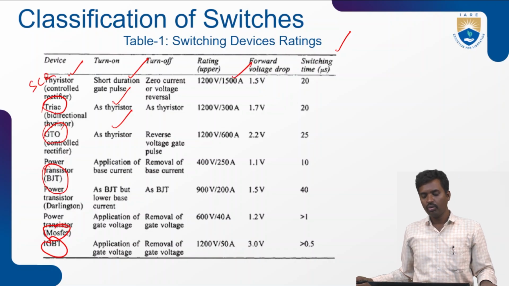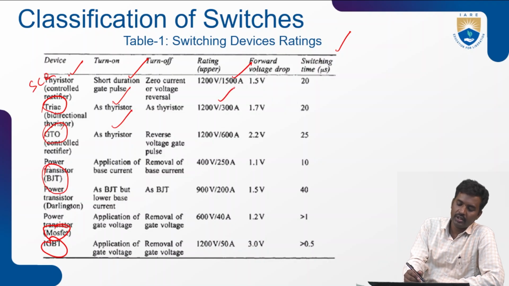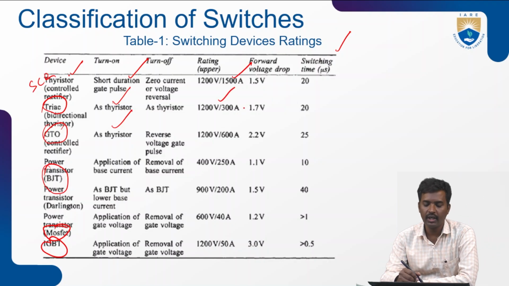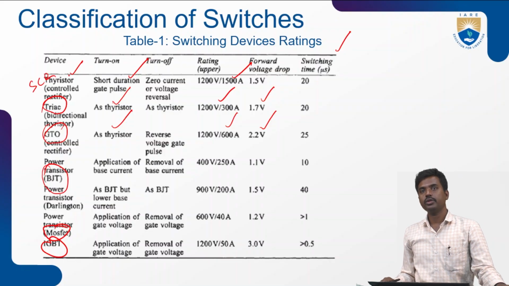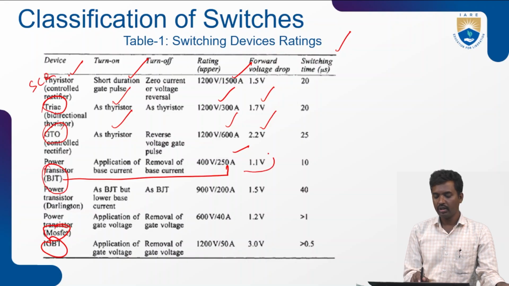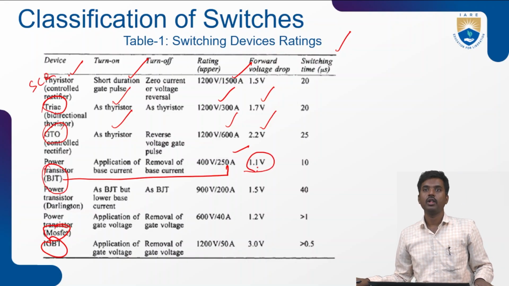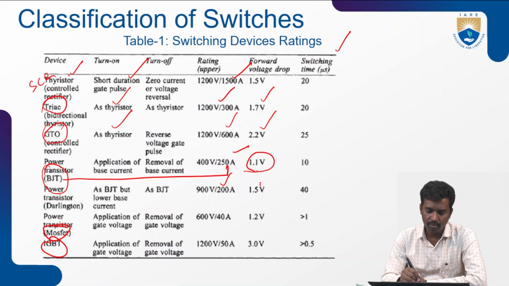So 1200 volts by 1500 amperes, and forward voltage drop is 1.5. So these ratings, and it is also 1200 volts by 300 amperes, 1.7 volts, 1200 volts by 600 amperes, that is 2.2 volts, and next 400 volts by 250 amperes for the power BJT, and forward voltage drop is 1.1, and 900 volts by 200 amperes, 1.5.